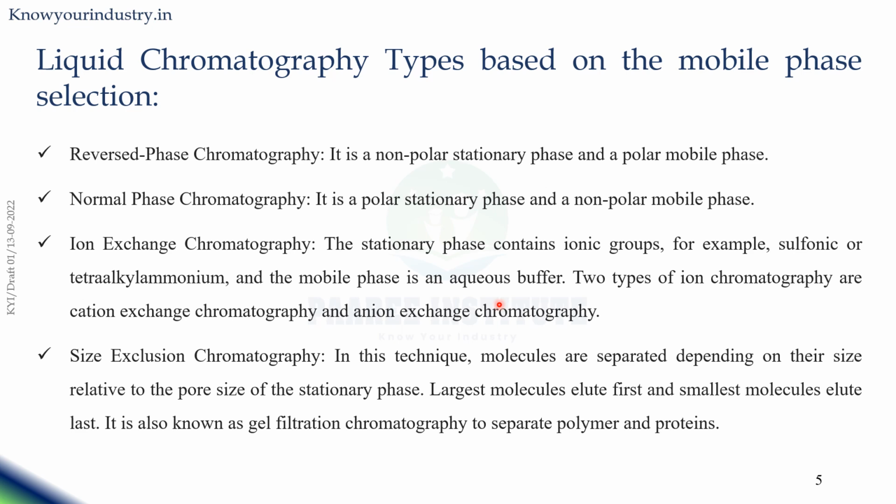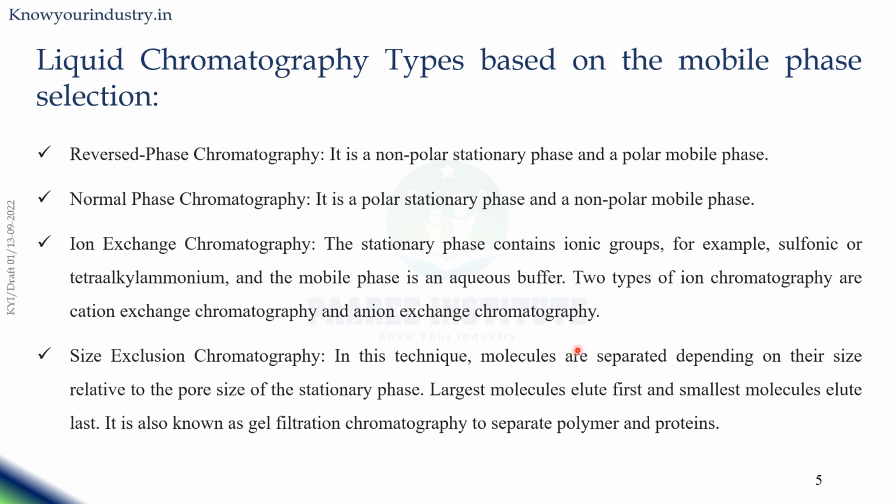So basically, in ion exchange chromatography, we have a column with ionic groups, and the mobile phase is aqueous. Then there is cation exchange chromatography as well as anion exchange chromatography, based on the analyte we are going to measure and the column we are choosing. And finally, based on the mechanism, we can classify chromatography into one more technique called size exclusion chromatography, or gel permeation chromatography.